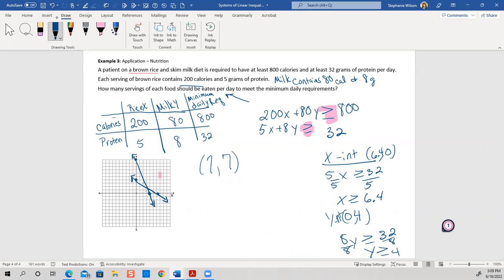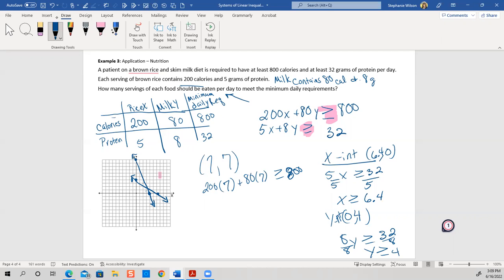And let's plug it in. So I got 200 times 7 plus 80 times 7 greater than or equal to 800. And let's multiply this out, which is going to make sense because 200 alone times that 7 is going to be 1400.